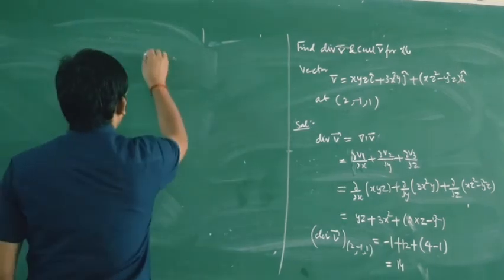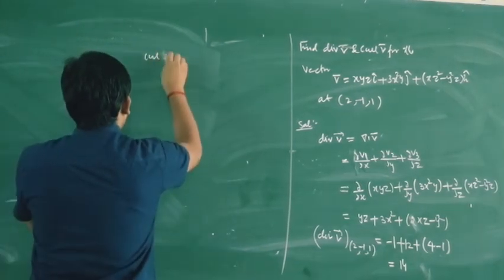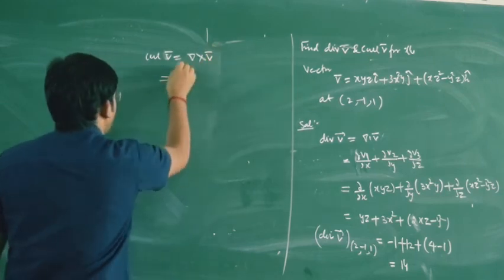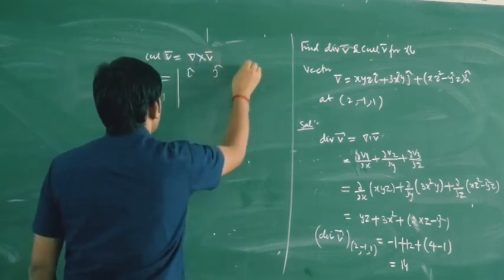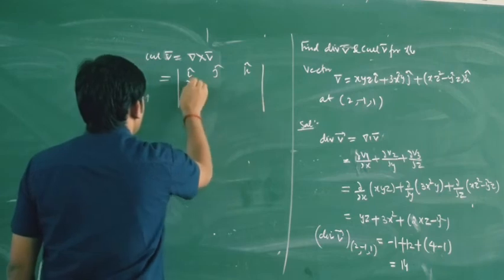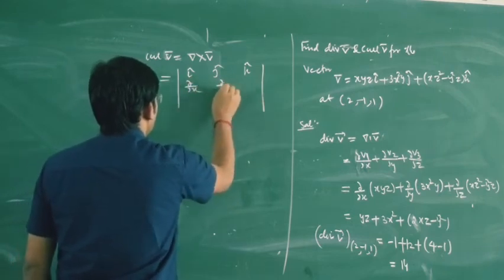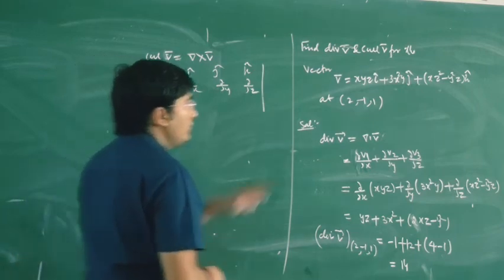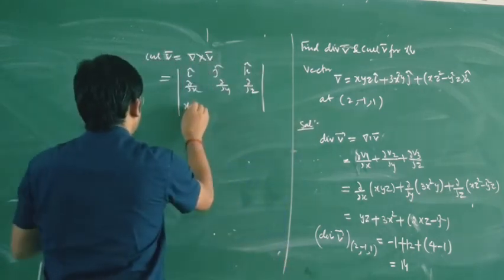Now curl of V is equal to del cross V, and this is equal to the determinant with i, j, k, del by del x, del by del y, and del by del z. Your V1 is the first component xyz.